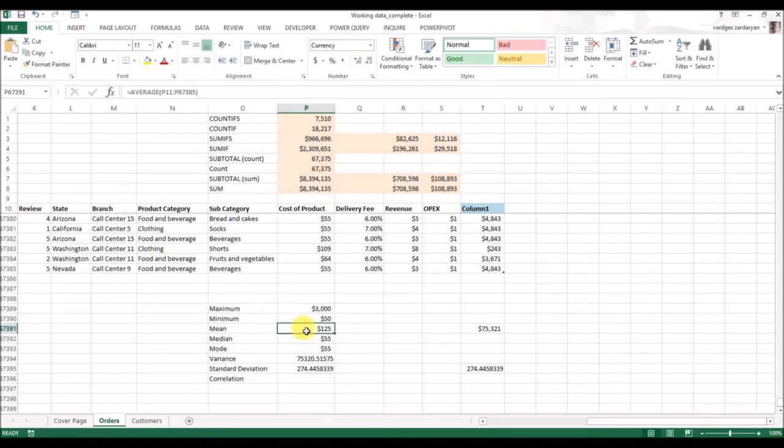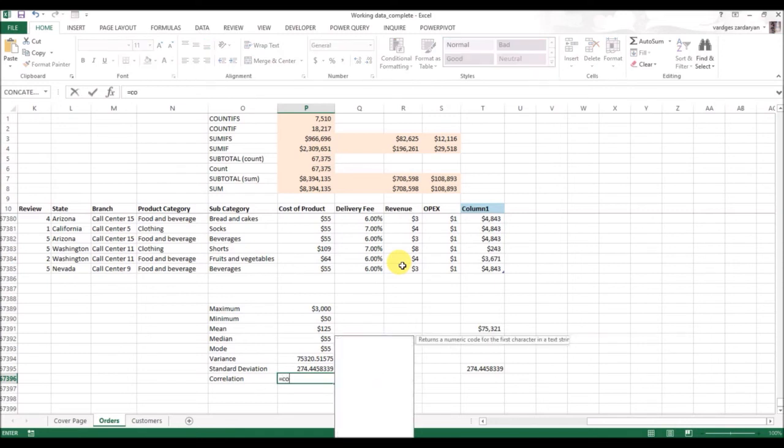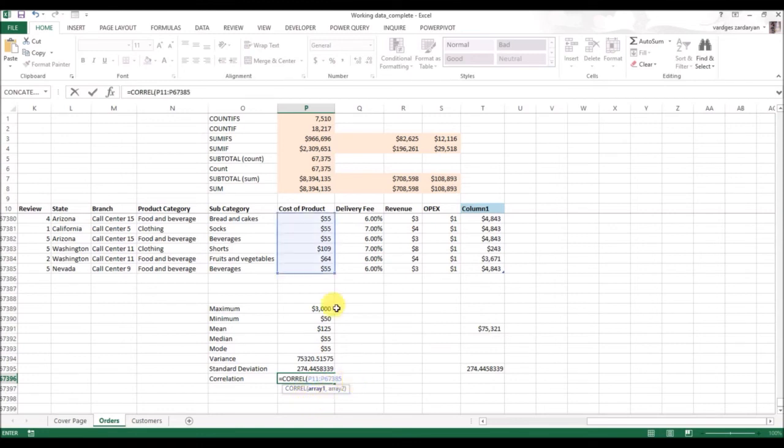In addition, let's calculate the correlation between cost of product, for example, and revenue. We will do it by the CORREL function. Fill the first range of values, the second for revenue, close the bracket, and press enter.